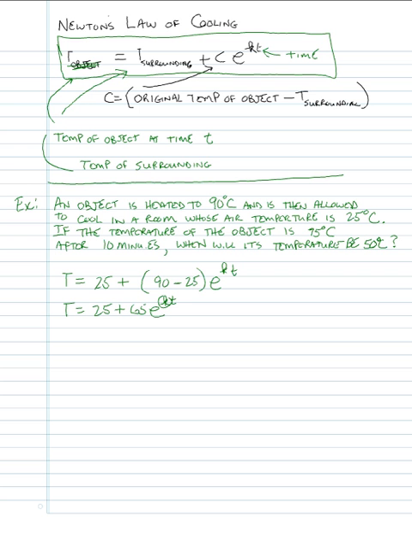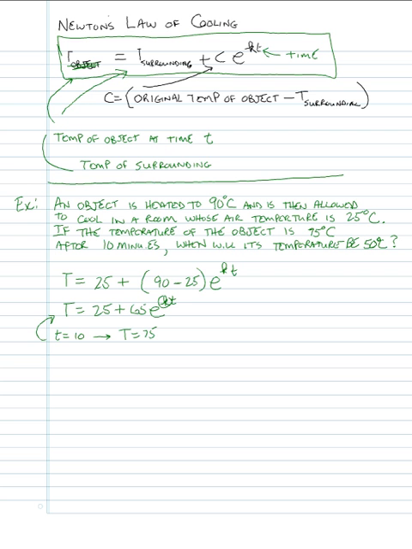if after 10 minutes, if the time is 10 minutes, lowercase t is 10 minutes, then the temperature of the object, which is indicated by a capital T, is equal to 75. And that information we can put into this equation, and then the only unknown would be k.